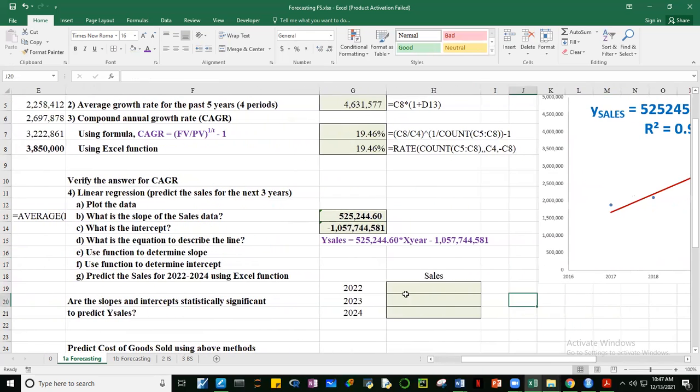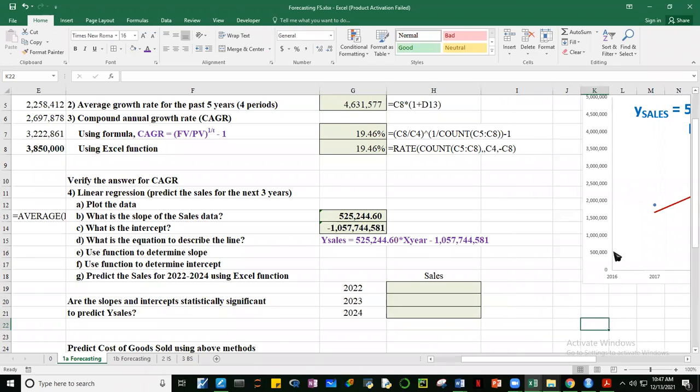So lastly, guys, let's predict 2022, 2023, 2024. The long cut is to use the formula. Let me show you. Let's give names to these, for speed: this one is slope, and this one is intercept.